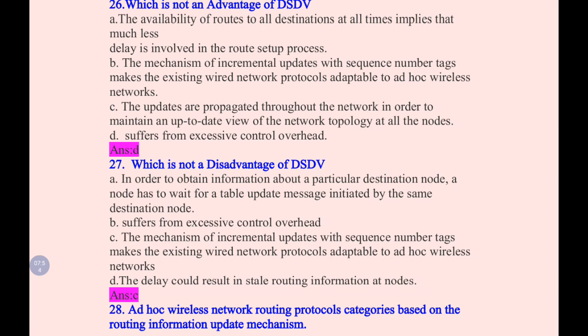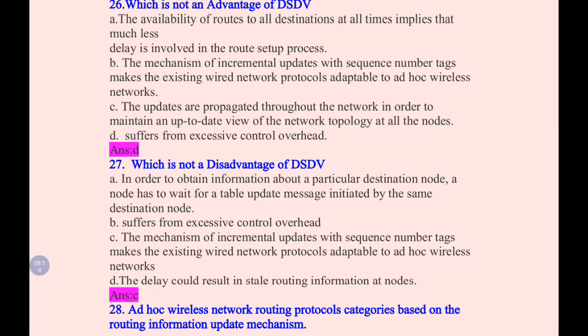You see, the choice A, so what it tells is, it tells that there is some delay, that is for obtaining information to a particular destination, for updating the table, it needs some time, and the DSDV suffers from excessive control overhead, that we already know as a disadvantage.